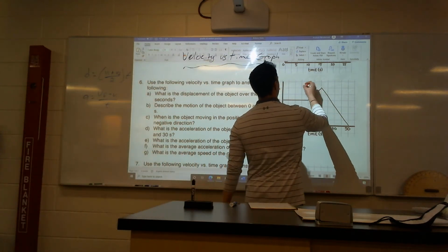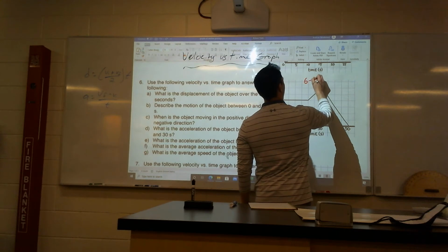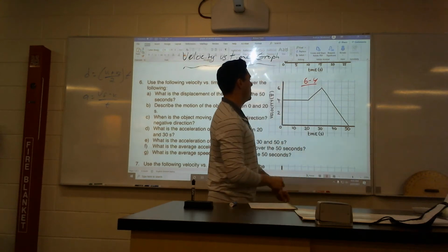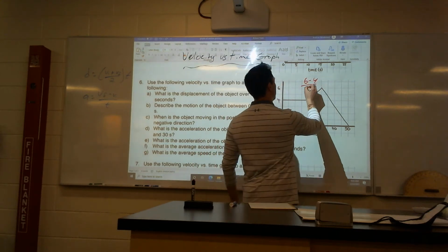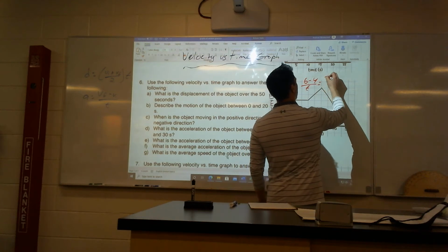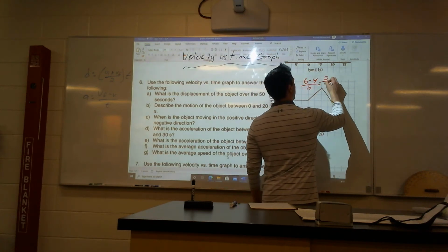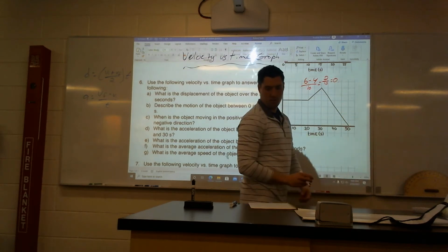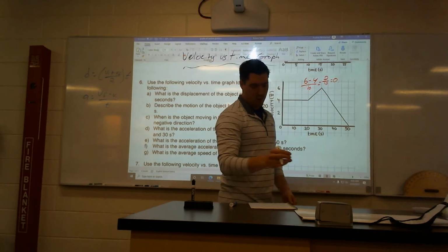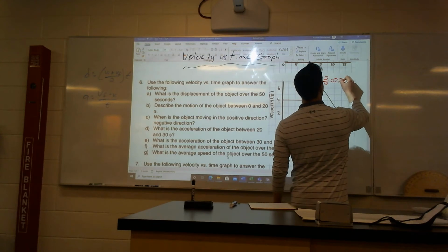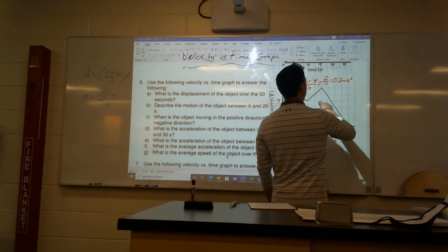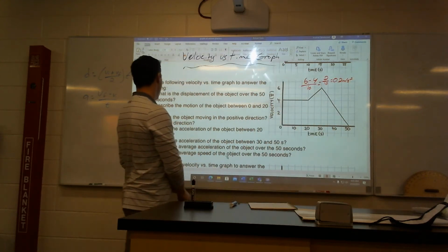My VF is 6 minus 4 over how much time did it take? It took 10 seconds. So I get 2 divided by 10 gives me 0.2. Meters per second squared. Okay, so that's the acceleration for that one right there.